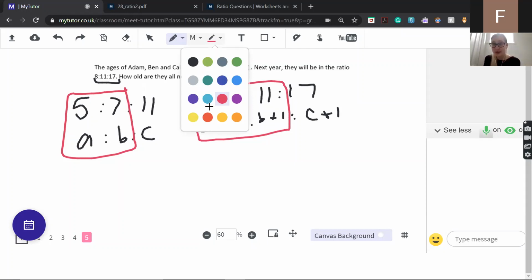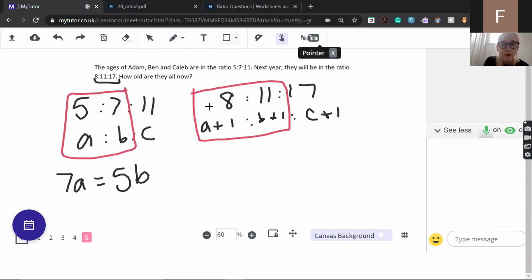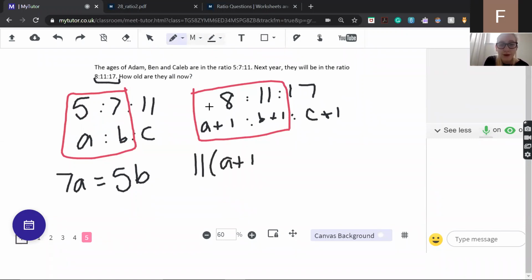So this is a horrible question, right? It includes so many things. So this one's going to give us 7a equals 5b. That's just doing cross multiplication here. And this one is going to give us 11 lots of a plus 1 equals 8 lots of b plus 1. Are people kind of with me so far? This is a really, really difficult question.